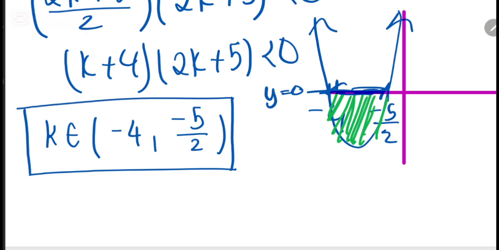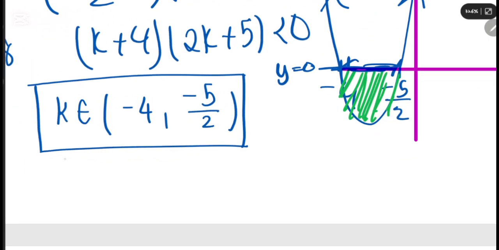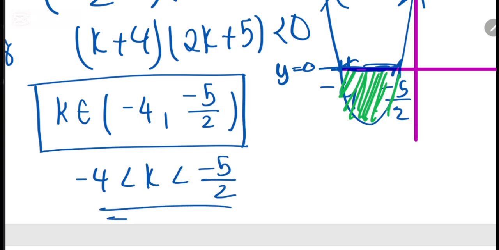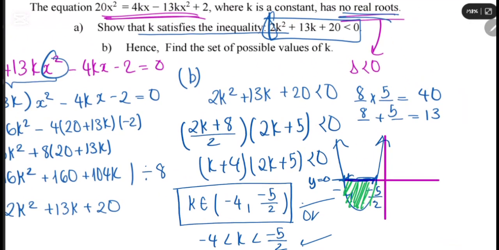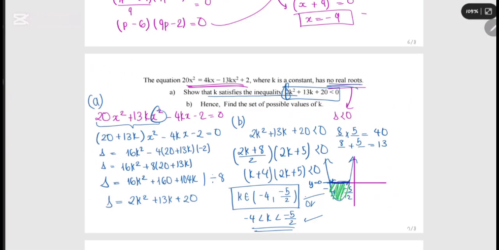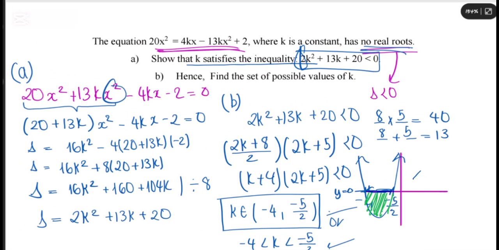This is going to be your answer. Or you can say k is between, like that. This also works. Both are accepted. So yeah, this one's a pretty hard question, especially the quadratic inequality part, but overall, it's manageable.